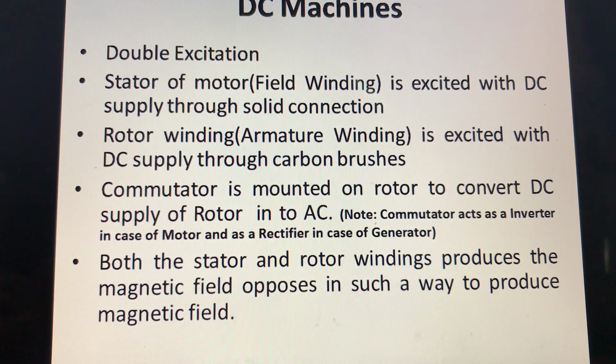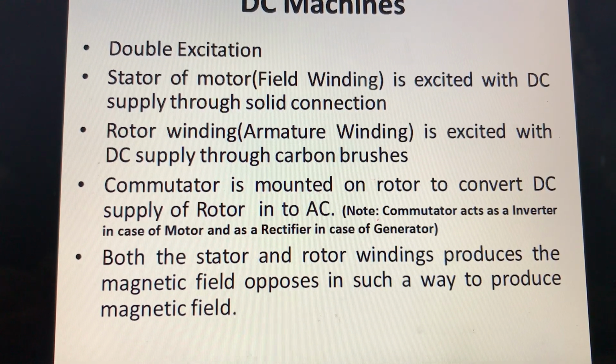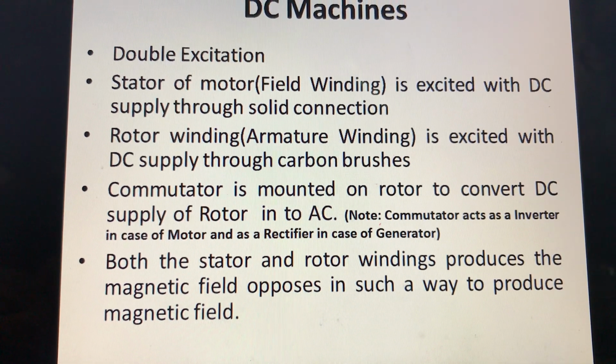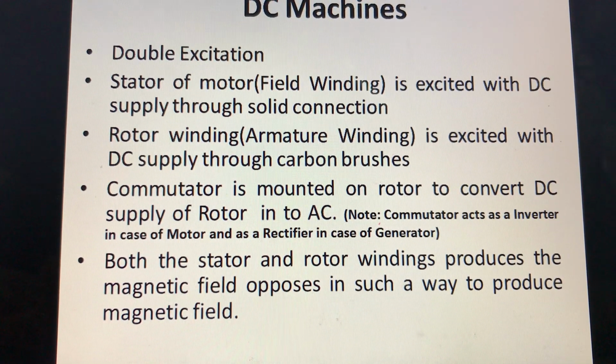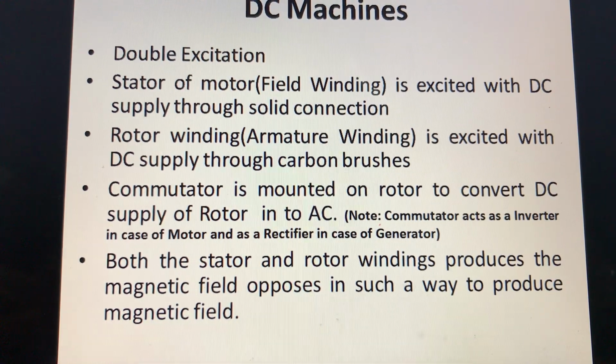Here we can note that the commutator mounted on the rotor acts as an inverter in case of motor and as a rectifier in case of generator. Both the stator and rotor windings produce magnetic fields which oppose each other in such a way as to produce torque.